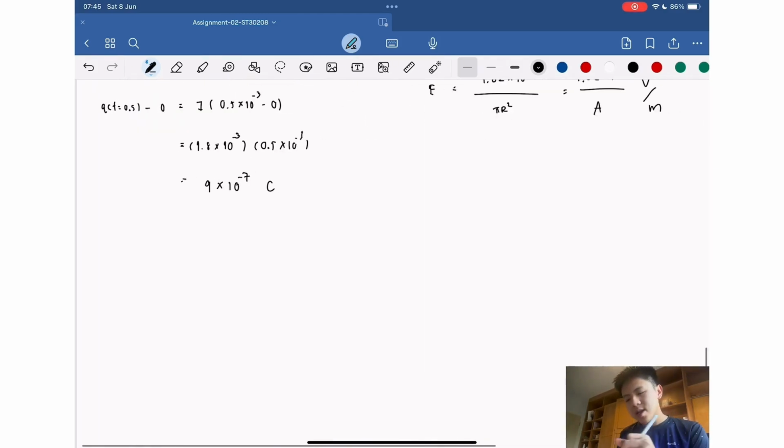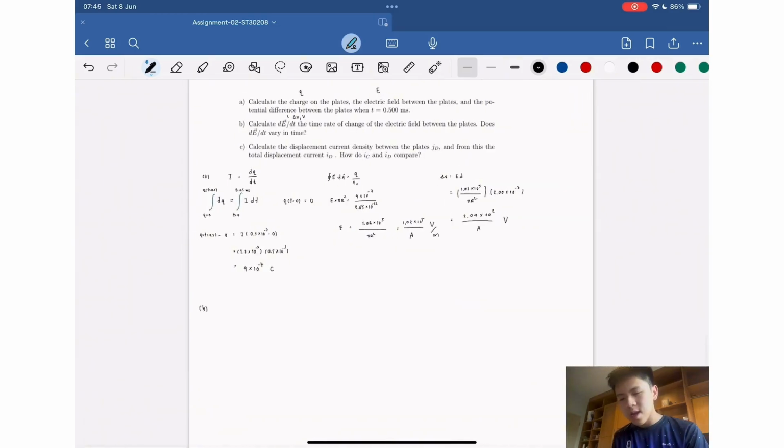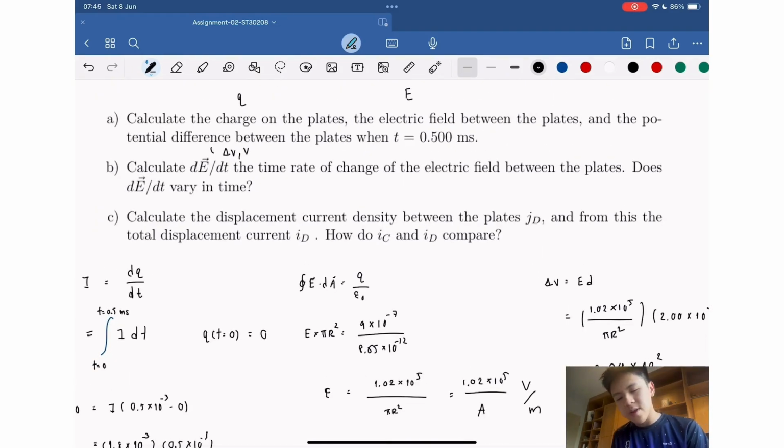Okay, next is to find dE by dt, the rate of change of electric field between the plates, and does dE by dt vary in time?